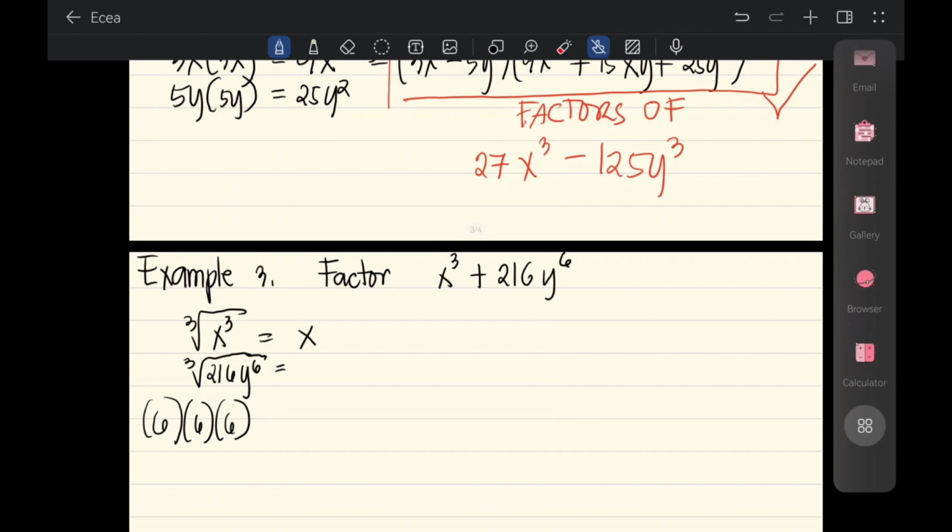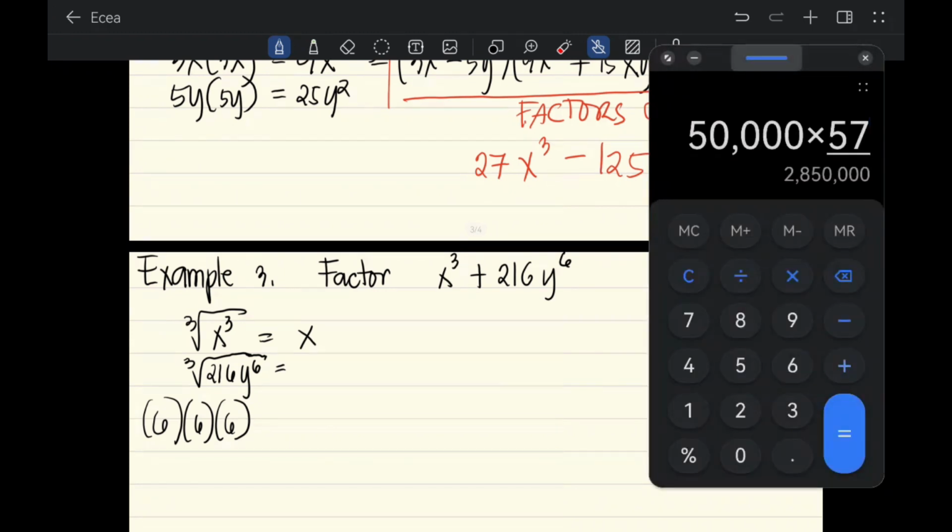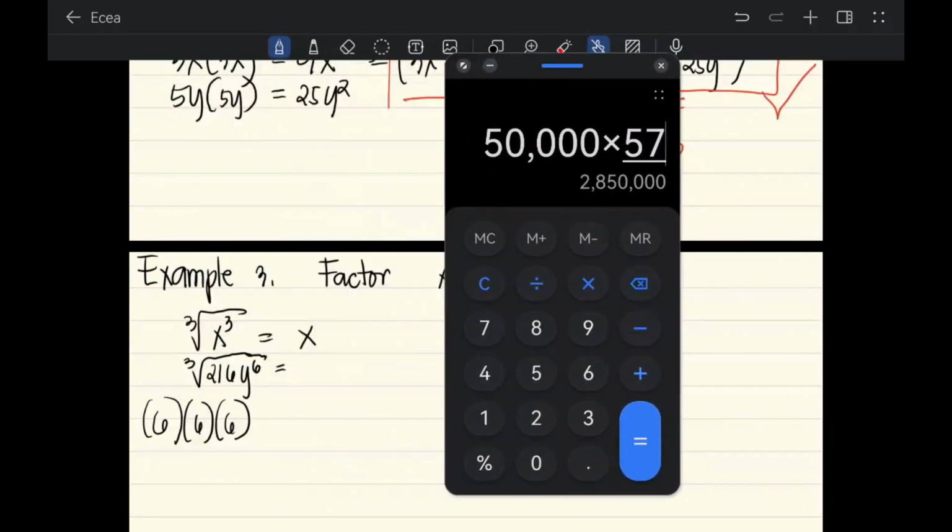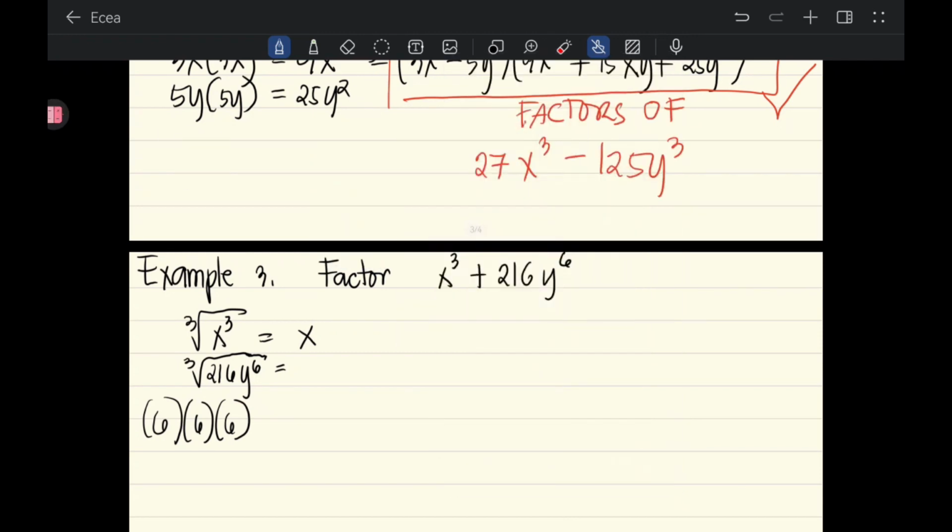Now let's get the calculator para madali ta. 6 times 6 times 6, that is 216. So the cube root of 216 is 6. While the cube root of y raised to 6, we need to divide the exponent 6 by our root, which is 3. So 6 divided by 3, that is 2.